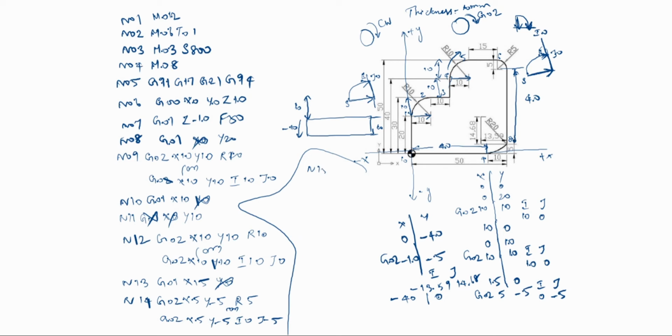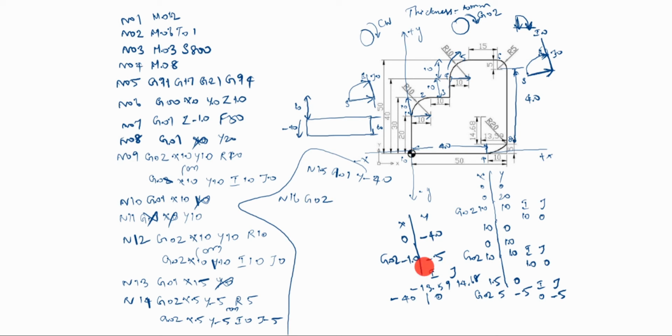N15, G01, Y minus 40. No need to write X0. Up to here finish. So this one. N16, G02, you see this one.